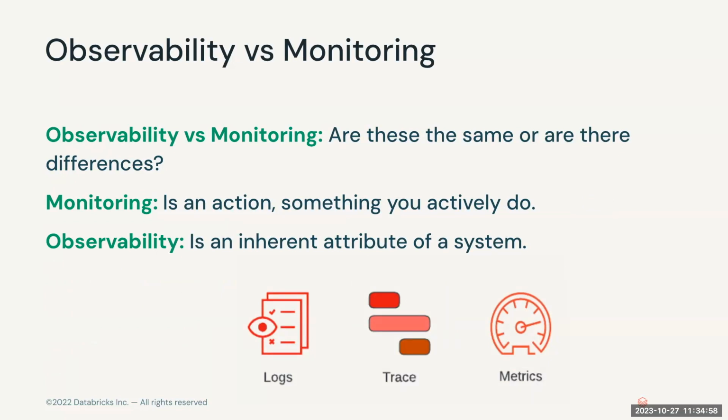To explain this, observability is a property of a system. It means the system should have some capabilities to externalize what's happening within it. These data points that are externalized by the application allow us to understand what's actually happening within the system and where it is happening.